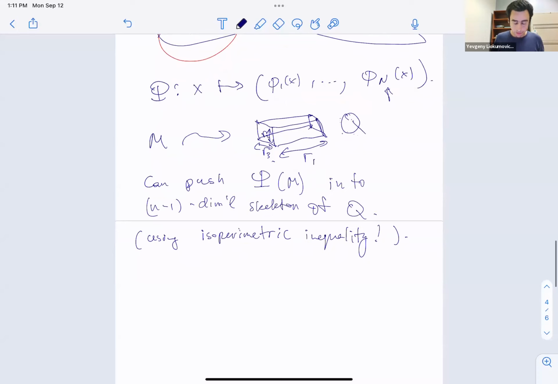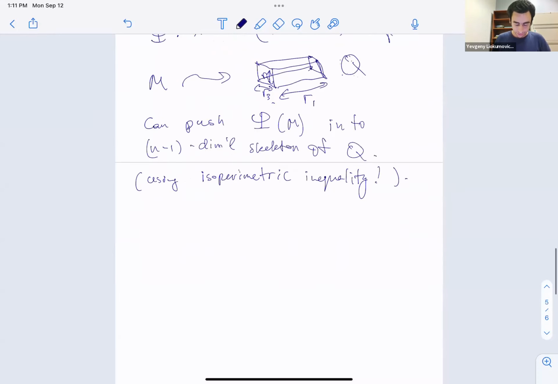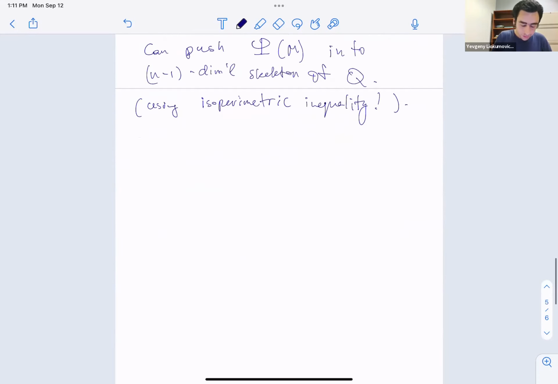Let me now talk about generalizations of this result. So Larry Guth conjectured that it should be possible to bound the Urysohn width with a different quantity, not volume, but a weaker quantity called Hausdorff content.